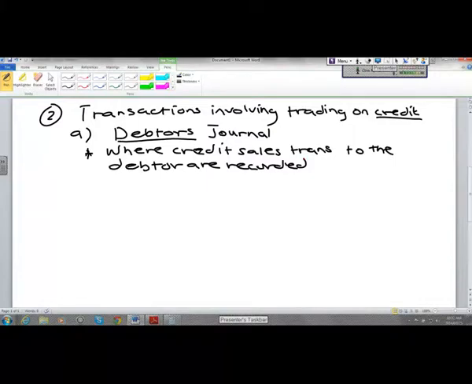And the second journal in this category, we call it creditors journal, the opposite of debtors. Here we have customers we're selling to on credit, but with creditors journal, it's the suppliers we are purchasing goods from on credit.